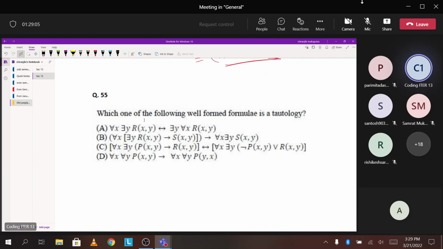So tautology के लिए क्या होना चाहिए, जब if and only if है या जो भी है उस हिसाब से हमें देखना पड़ेगा। देखो यहाँ पे लिखा है कि for all x there exists a y, R(x,y) double implies there exists a y for all x R(x,y)। क्या ये दोनों स्टेटमेंट इक्विवेलेंट है?